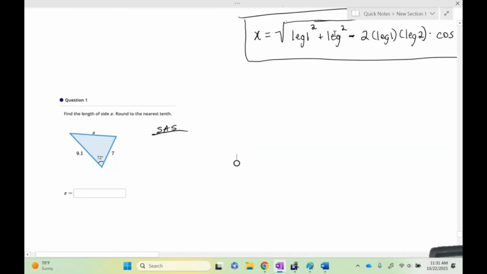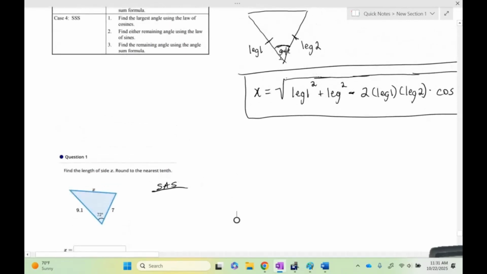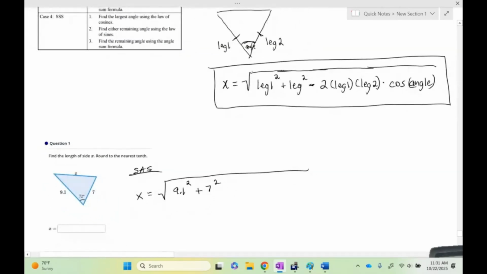Or just notice, based on what we did earlier, if you have two legs and an included angle measure, you can simply write this out as x is equal to, I'm going to take one of my legs, which is 9.1, square that, plus the other leg, which is 7, square that, minus 2 times leg 1 and leg 2, times the cosine of the given angle, which is 72 degrees.